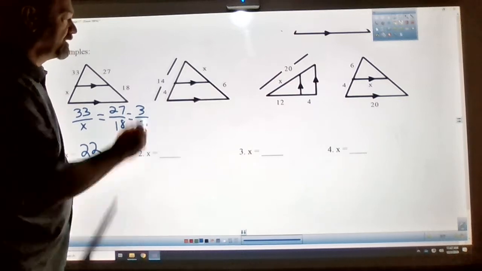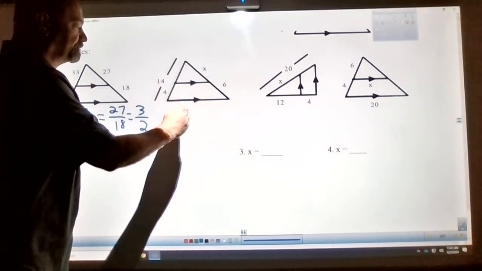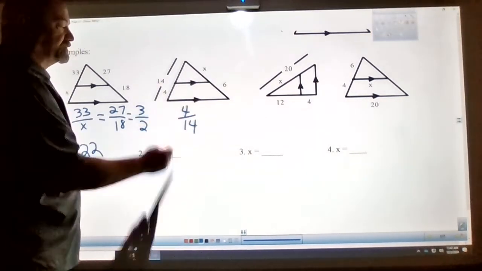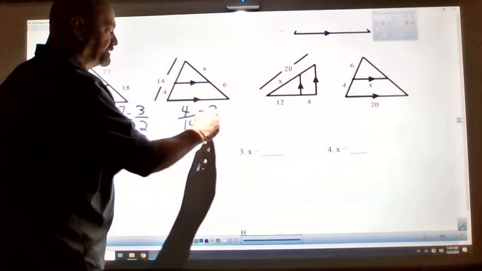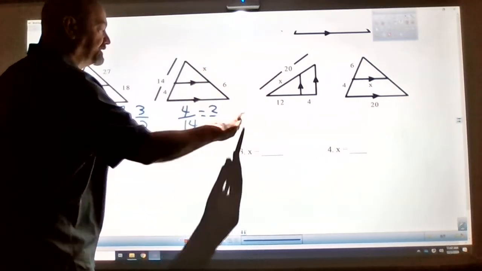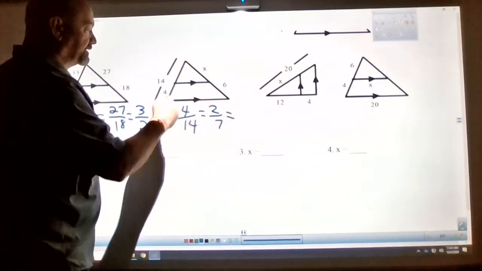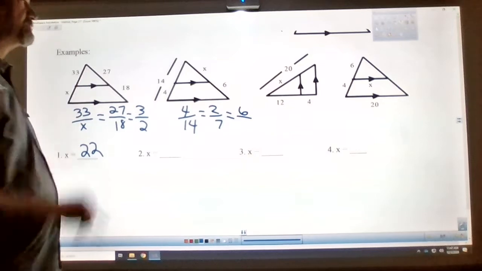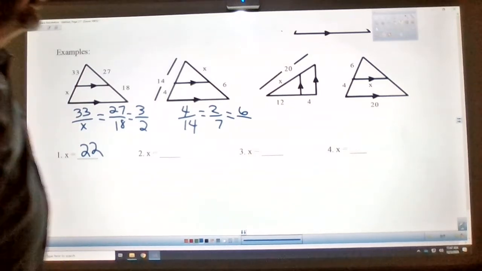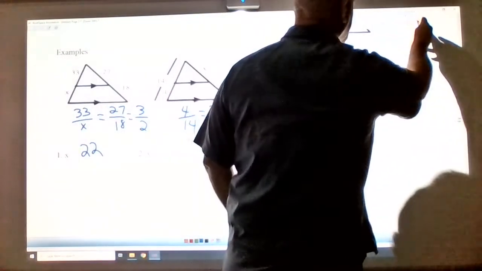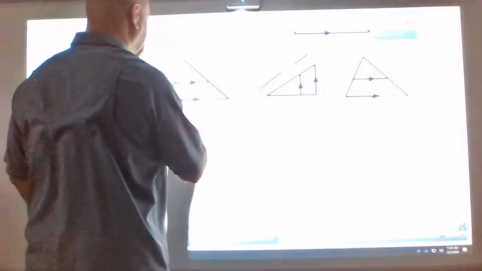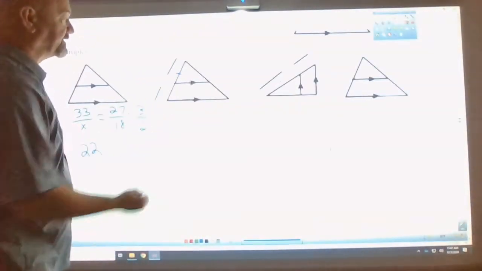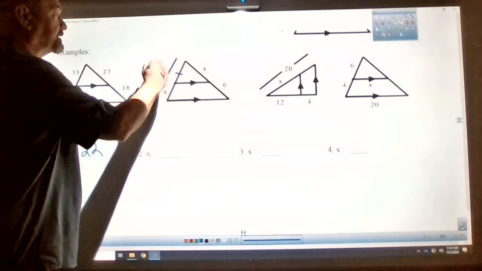Setting up this one, 4 is to 14, which reduces to 2 over 7, is the same as 6 is, let's do this one differently. There's an easier way to do this one. If this is 14, then this little piece right here has to be 10. 14 minus 4 is 10.